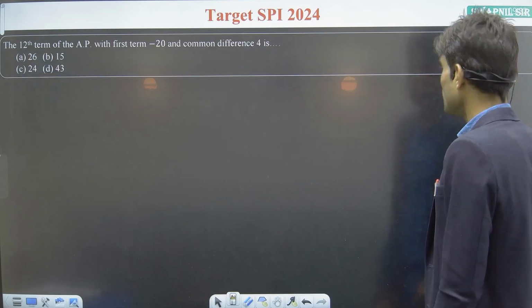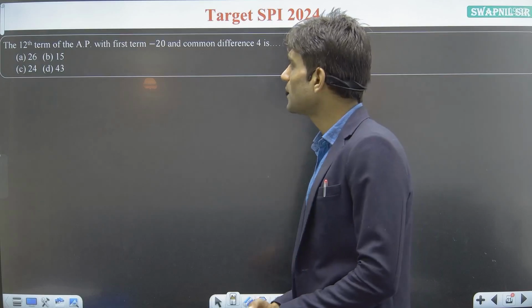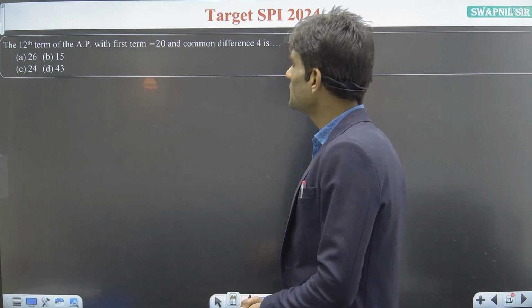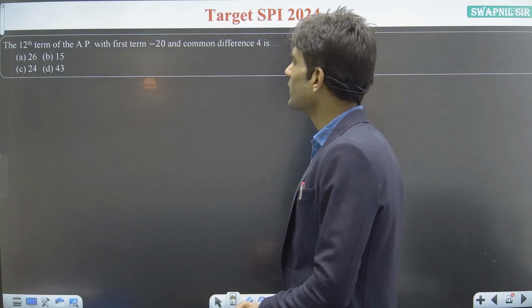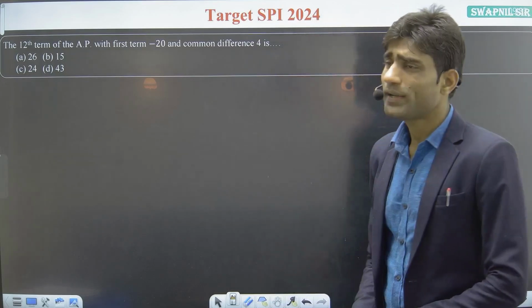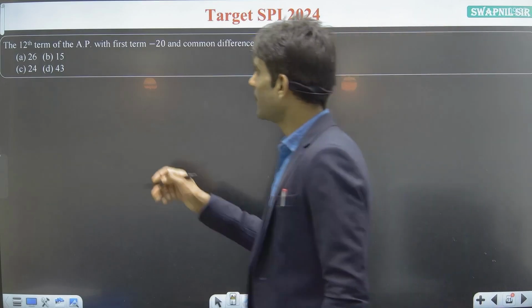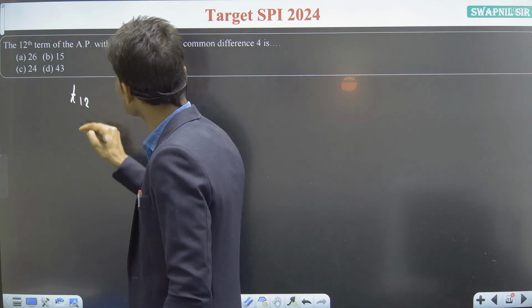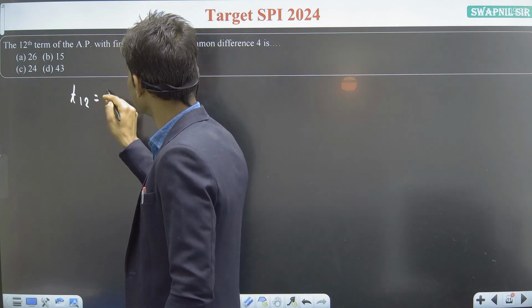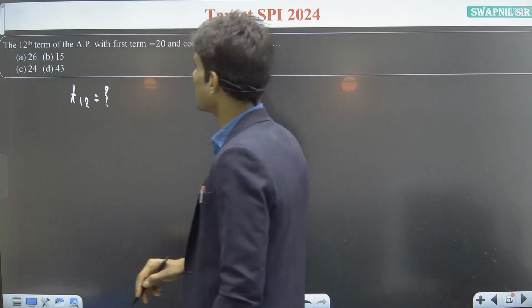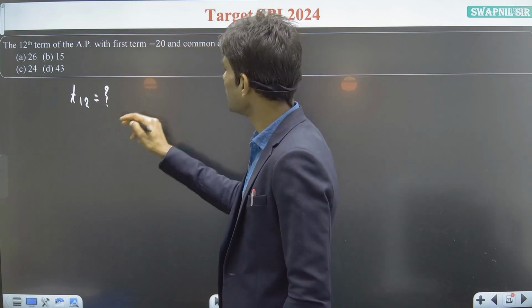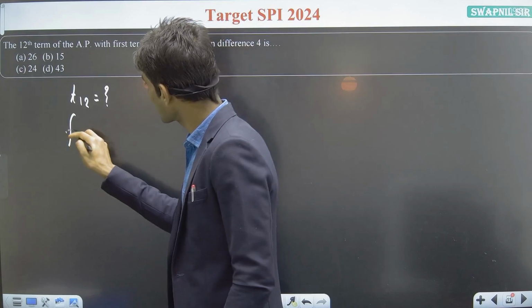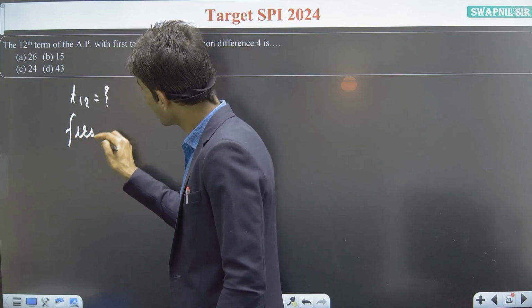In our next question, we are given the 12th term of an arithmetic progression with the first term negative 20 and common difference 4. 12th term means T12. The first term is given as A equals negative 20, and the common difference is 4.